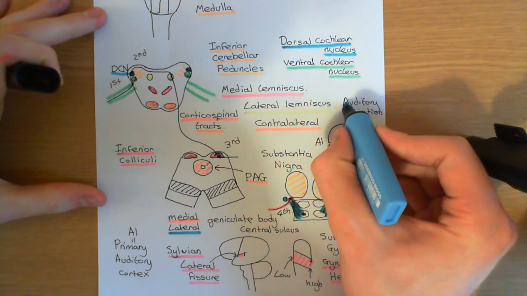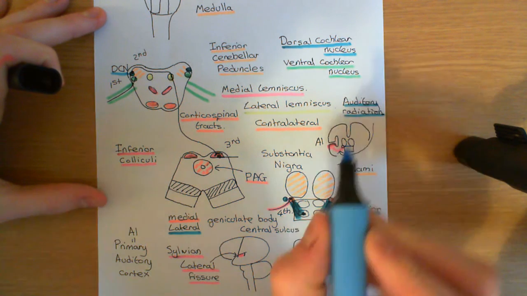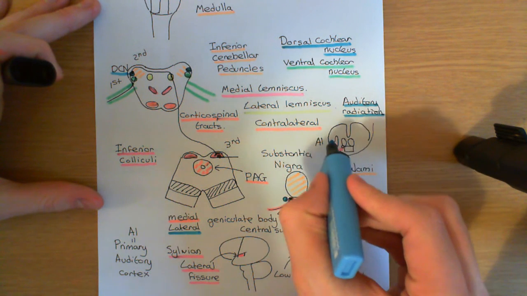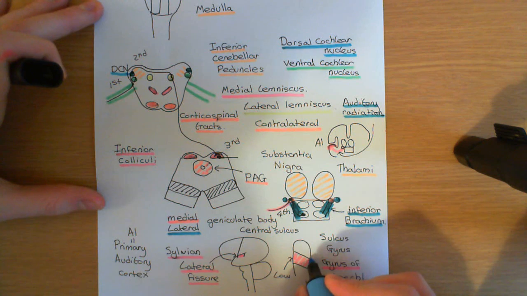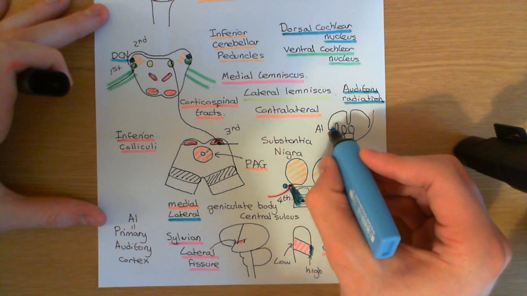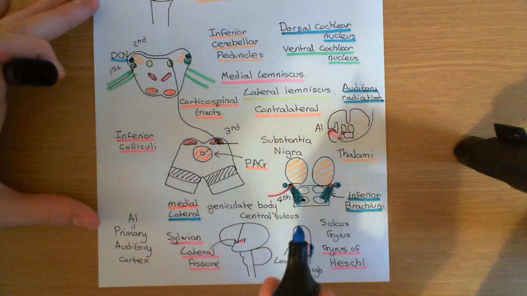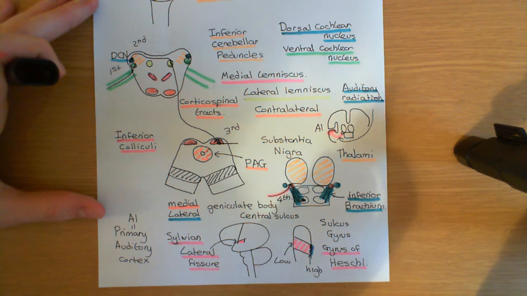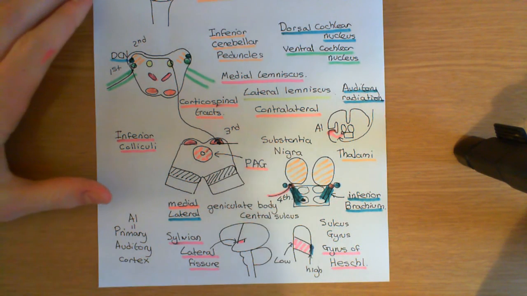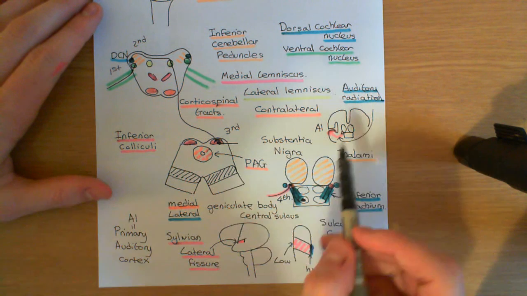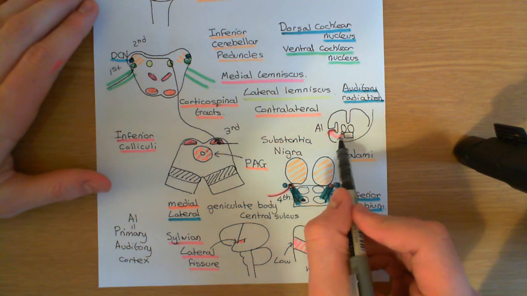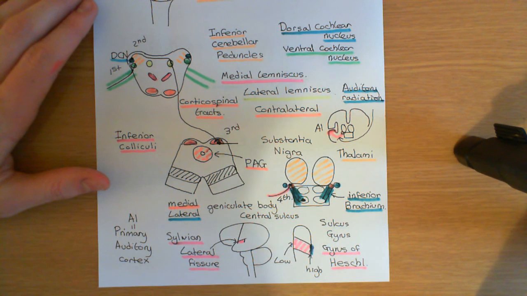And I'll remind you that information coming from bipolar neurons which innervate the basal portion of the cochlear duct, i.e. the portion that will oscillate in response to high frequencies, their information is overall going to be transmitted to these medial portions of the primary auditory cortex, i.e. the final fourth order neuron is going to synapse onto neurons in the medial portion of the primary auditory cortex, whereas bipolar neurons innervating the apical portion of the cochlear duct, basilar membrane, organ of Corti, whatever you want to say, which are encoding information about low frequency sounds, are eventually going to have their information delivered to the lateral portion of the primary auditory cortex, i.e. the fourth order neuron will deliver the information to this lateral portion of the gyrus of Heschl.